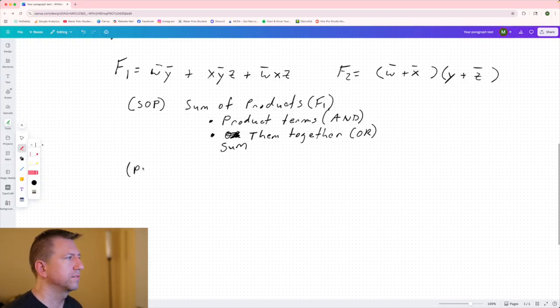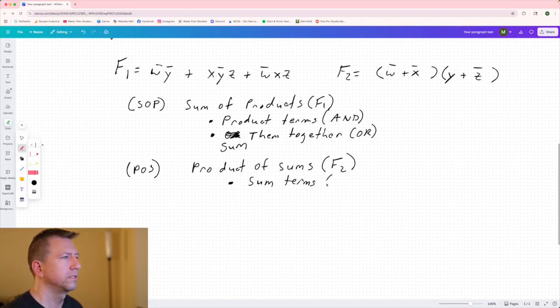And product of sums, which is the other way we can look at it, belongs to F2. First we have a set of sum terms, which are ORs. And then we product the terms together, and that would be AND.